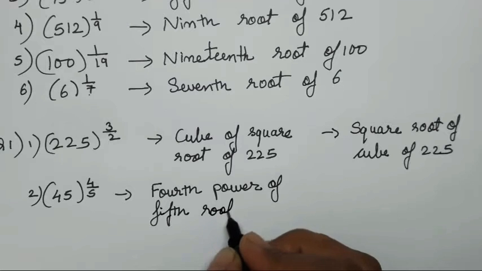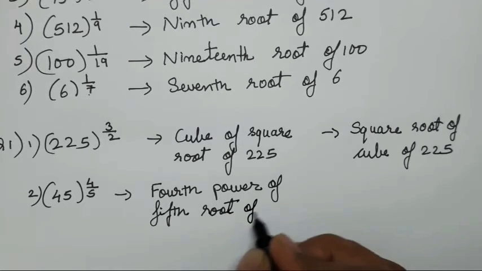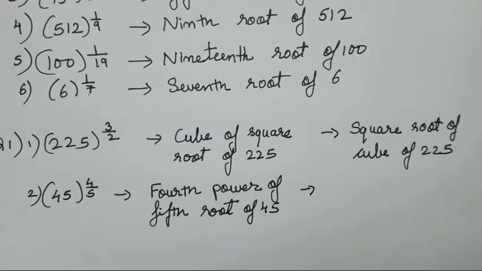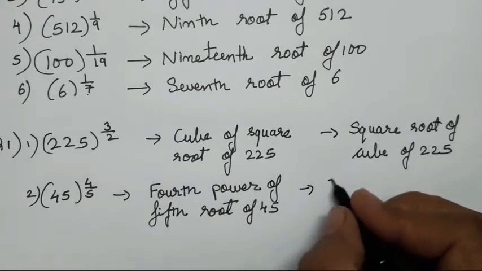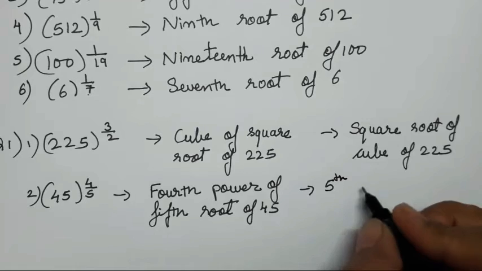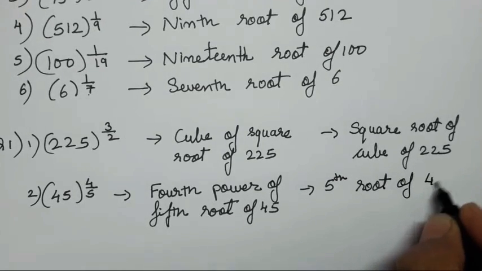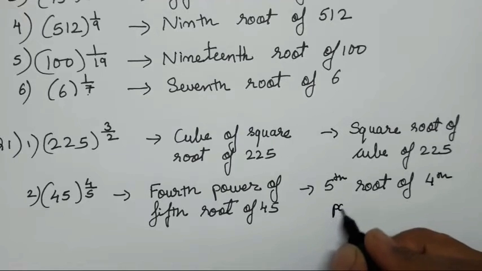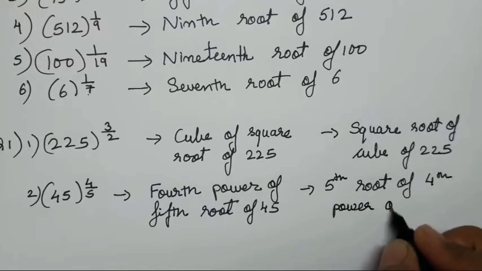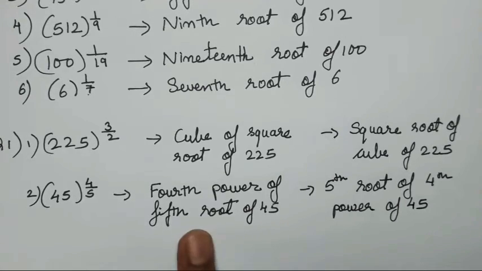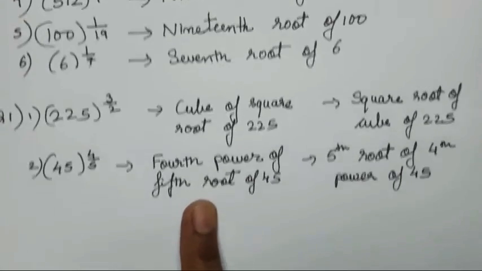And over here the opposite you all have to write, that is fifth root of fourth power of 45. You can write it in spelling also. Now this is root of the power and this is power of the root.